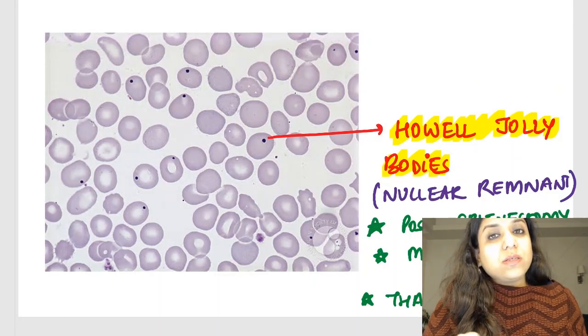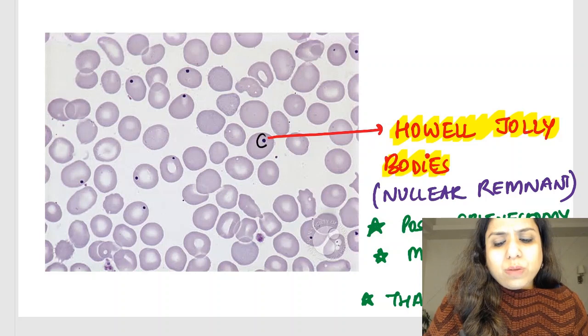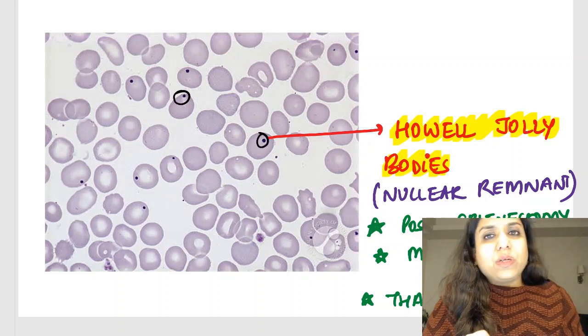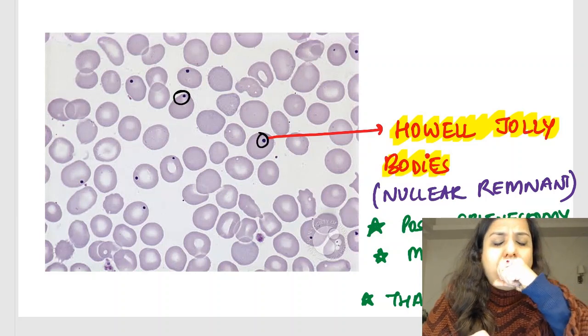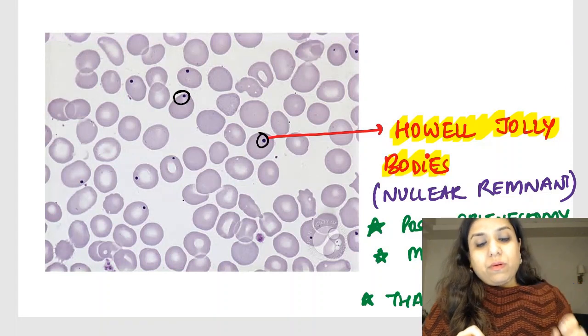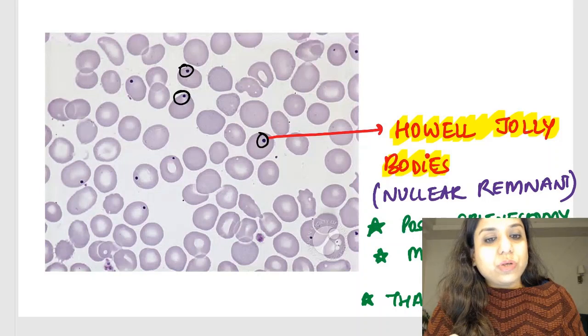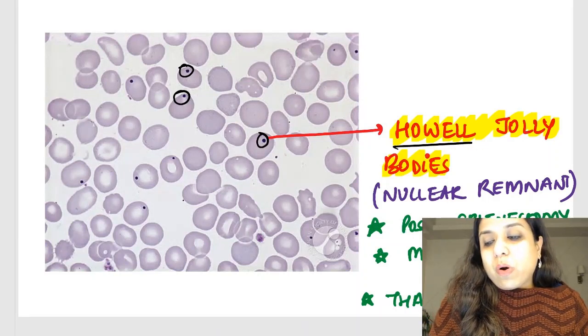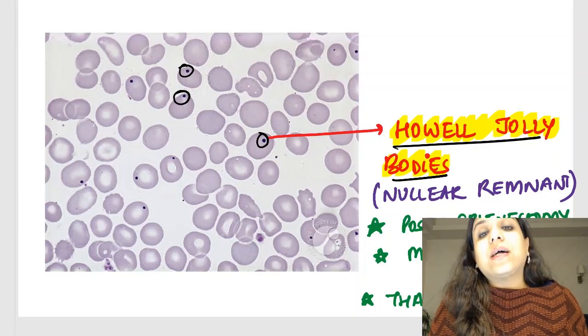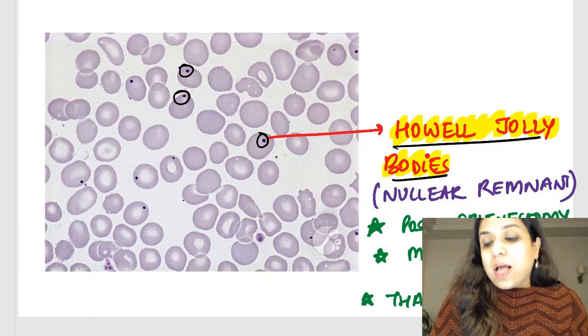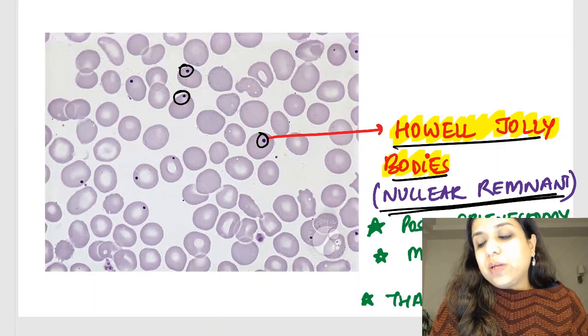Next, this is a RBC, and this has got a bluish inclusion. Can you people notice? It has got a bluish inclusion like this, right? These bodies which are seen, these are called as the Howell-Jolly bodies. And these Howell-Jolly bodies are nuclear remnants, students.